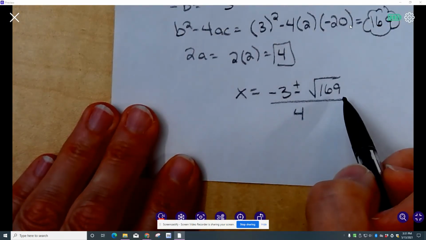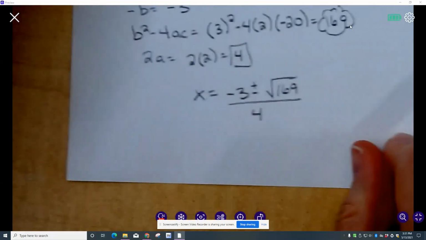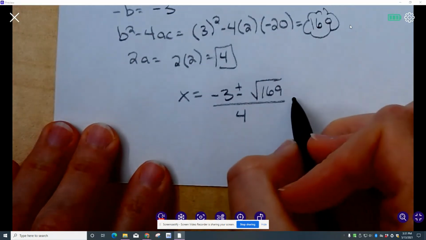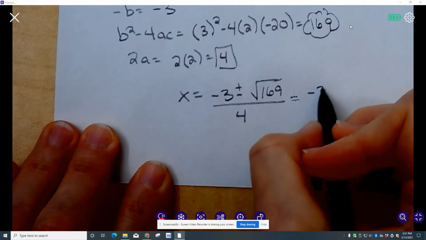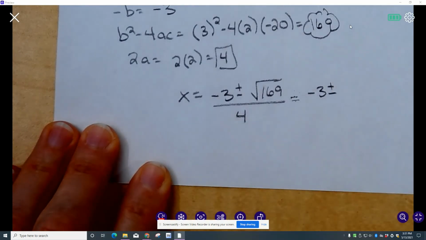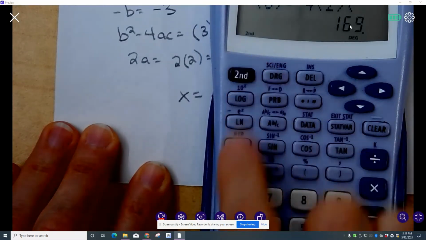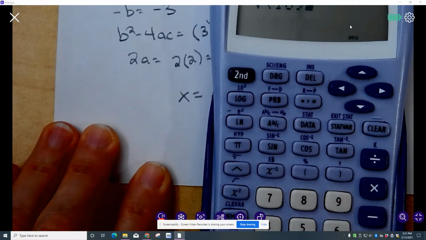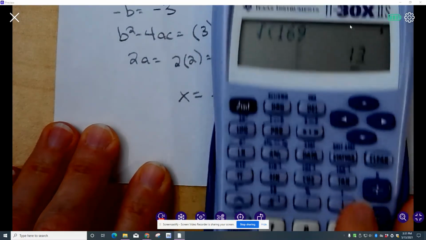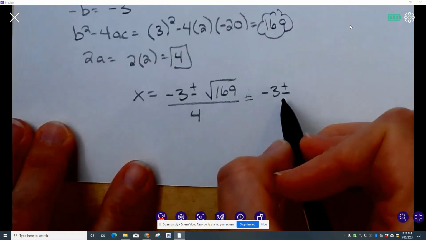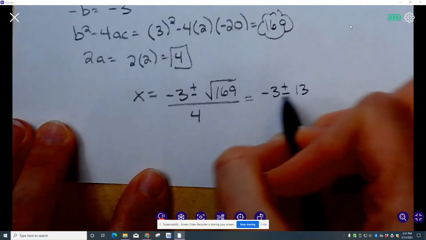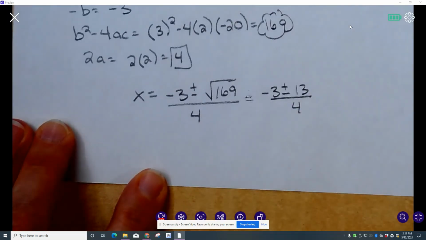Now you can do a big tree on this, or if you're paying attention and you memorized your perfect squares, you know that the square root of 169 is 13. Or you can use your calculator. So this is negative 3 plus or minus 13 over 4.